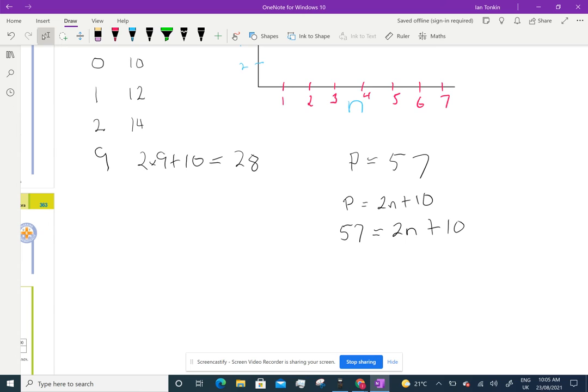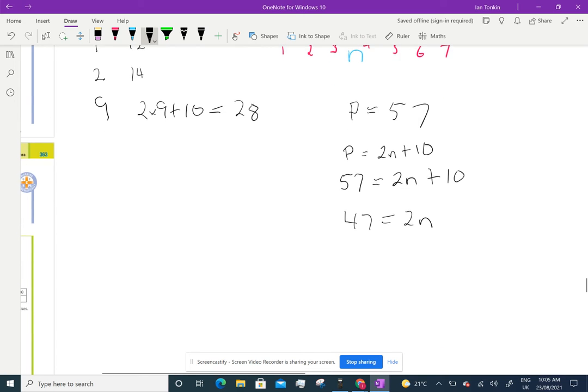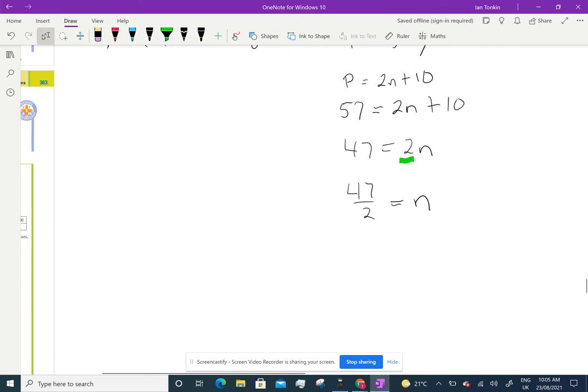I subtract 10, and I get 47 equals 2n. And then I divide by 2 to get the n by itself. 47 over 2 equals the number of kilos. Well, 47 divided by 2 doesn't go evenly, but it's 23 and a half. So 23 and a half kilos.